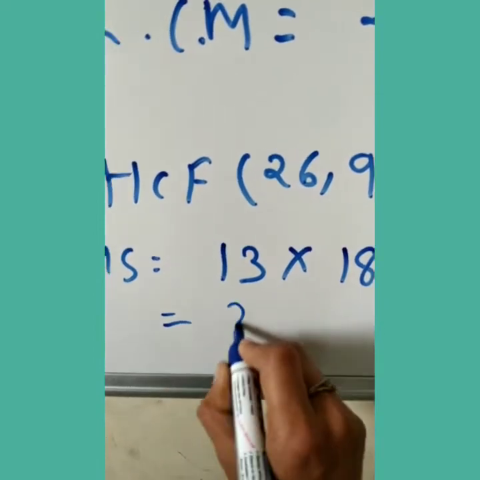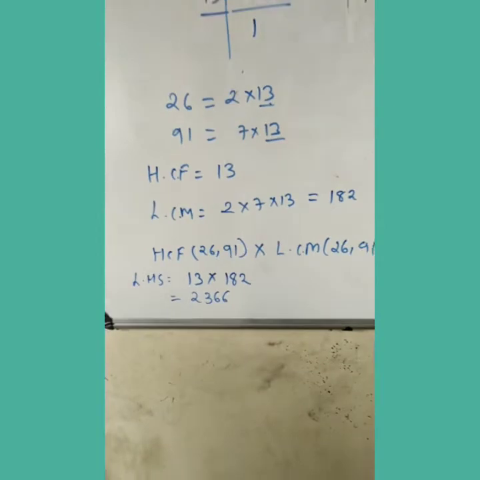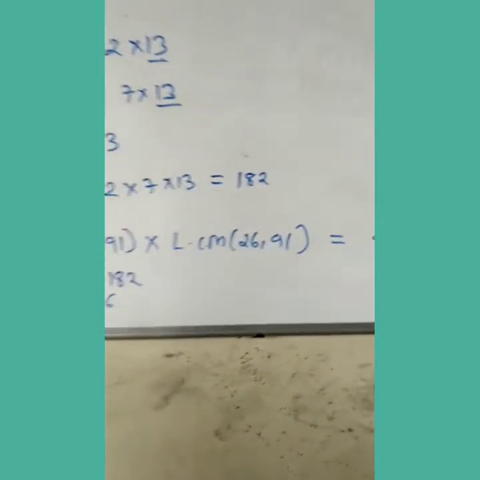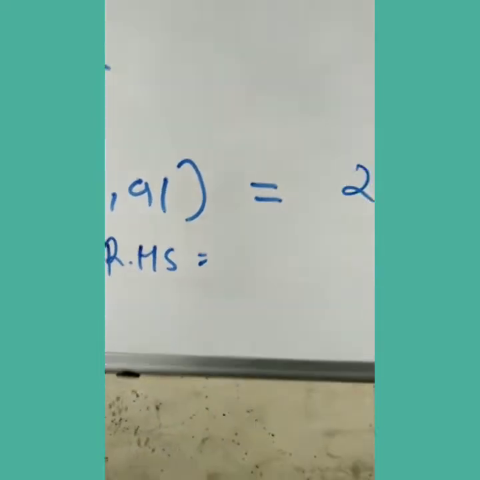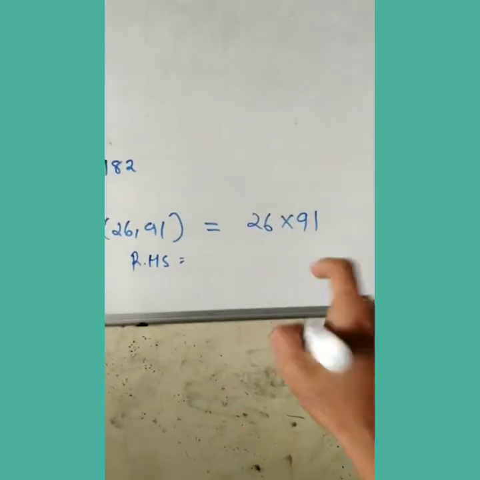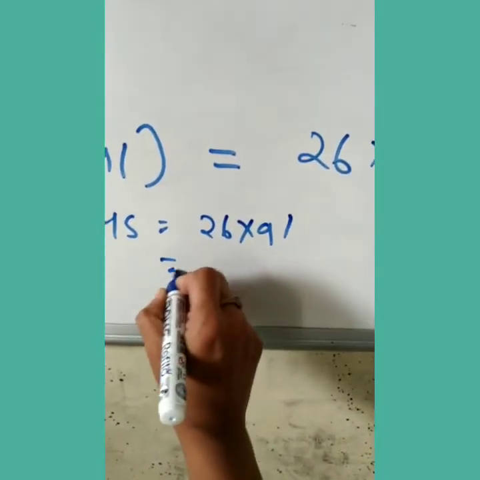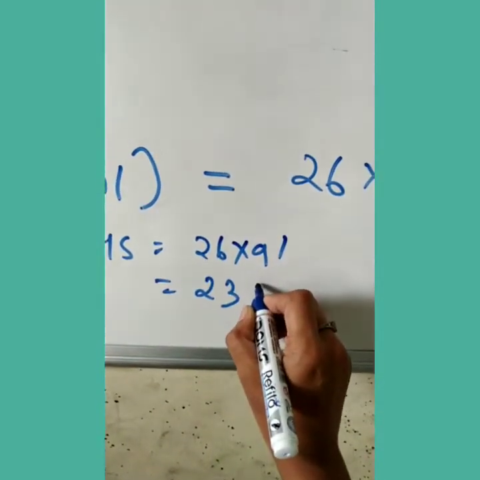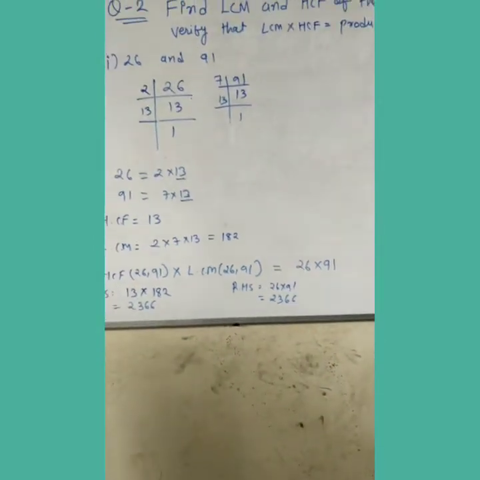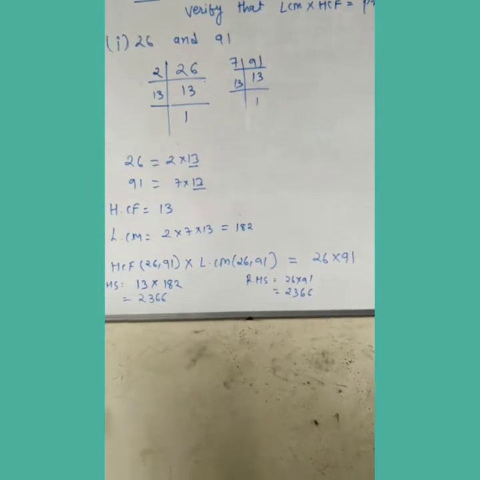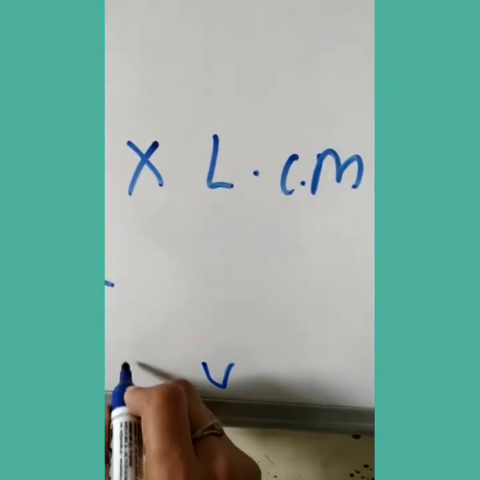So it will be 2366. That is our left hand side. Now we will take our right hand side. So our RHS is 26 into 91. When we multiply 26 into 91, again we get 2366. So here we say it is verified.